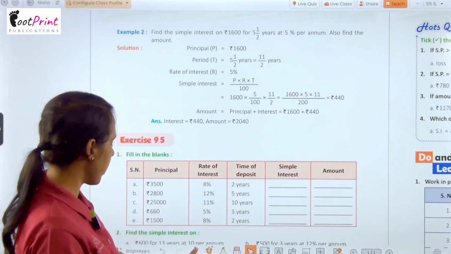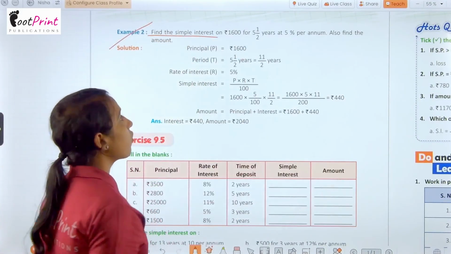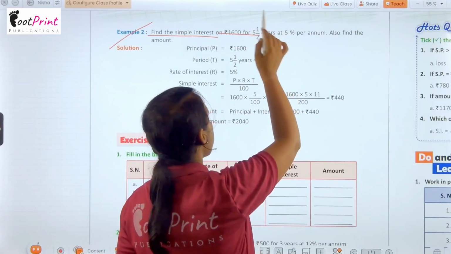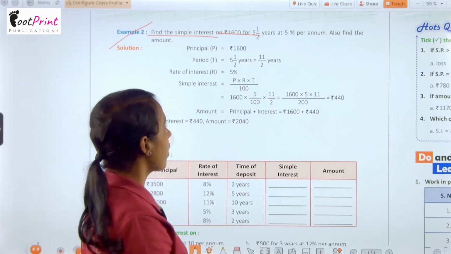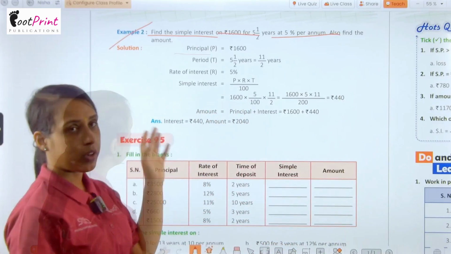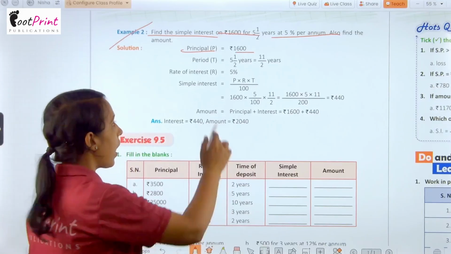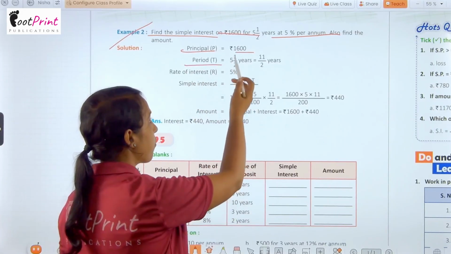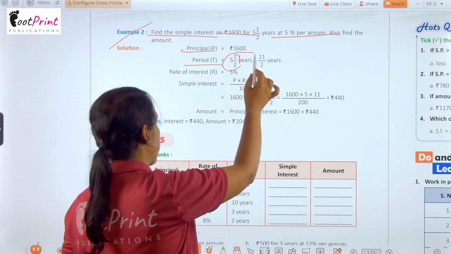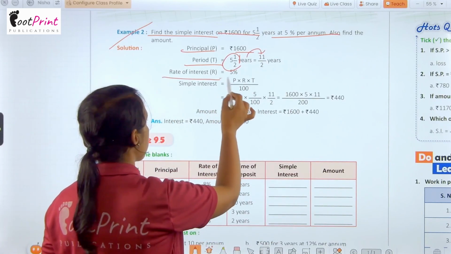Example number 2 we have. In this, we have to find the simple interest on rupees 1600 for 5 and a half years at 5% per annum, and also find the amount. So we know that the principal is 1600 rupees, the period of time is 5 and a half years, which after converting into an improper fraction is 11 upon 2 years, and the rate of interest is 5%.